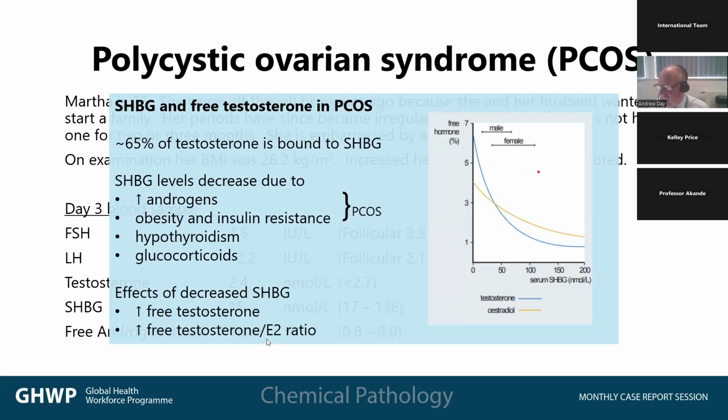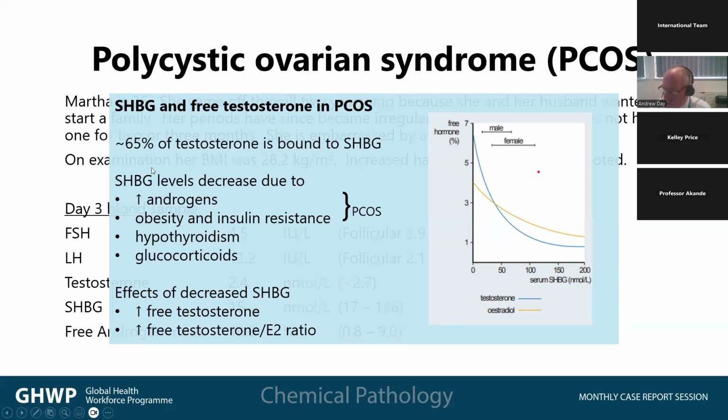In fact, about 65% of testosterone is bound to SHBG, and there are a number of important factors that are relevant to PCOS that will cause those binding globulin levels to decrease. In particular, increasing androgen levels decrease SHBG levels, and conversely, an increase in estrogens will increase SHBG levels.